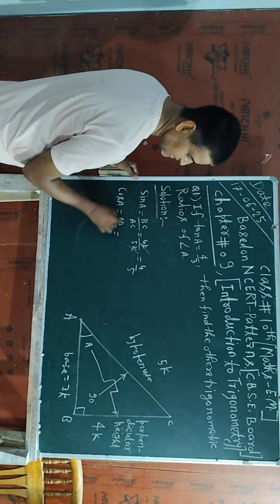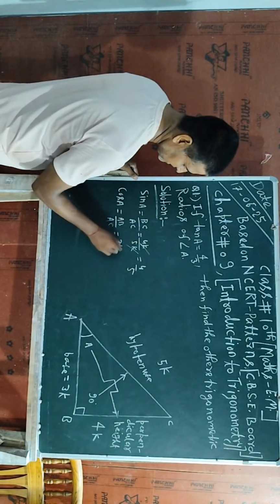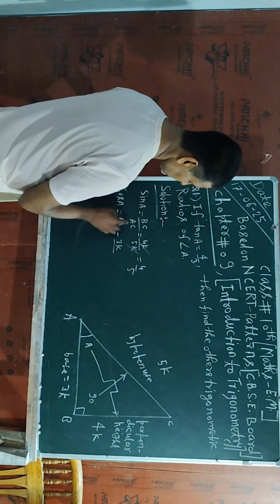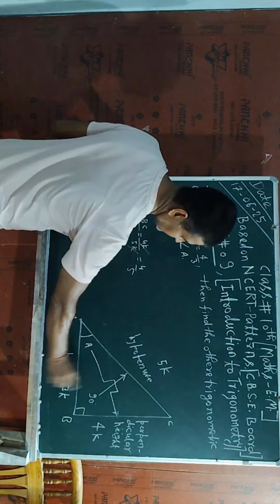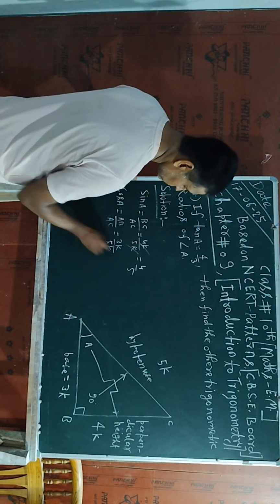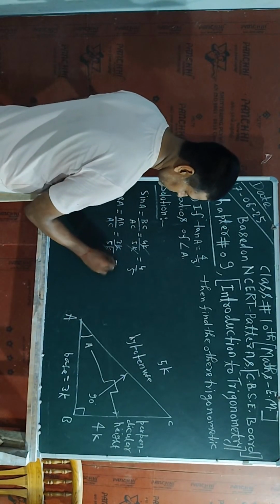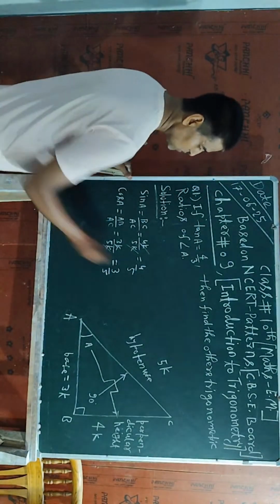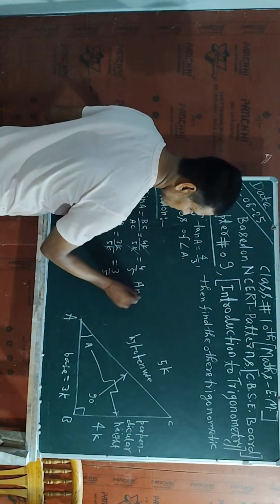The length of AB is 3K and AC is 5K. So K and K will be cancelled out. After cancelling, I will write 3 divided by 5.